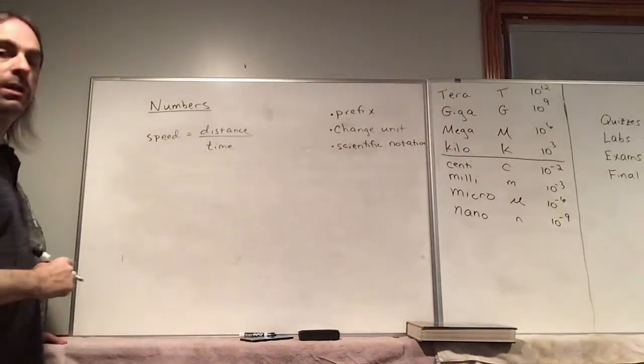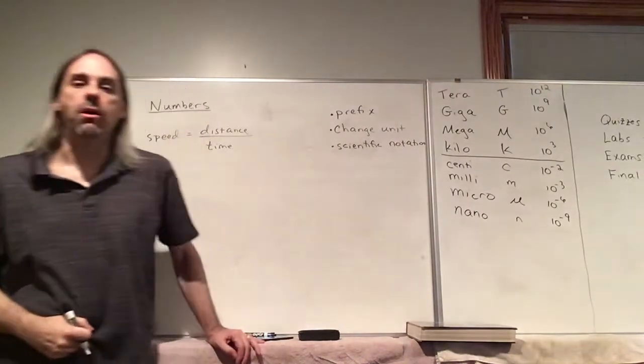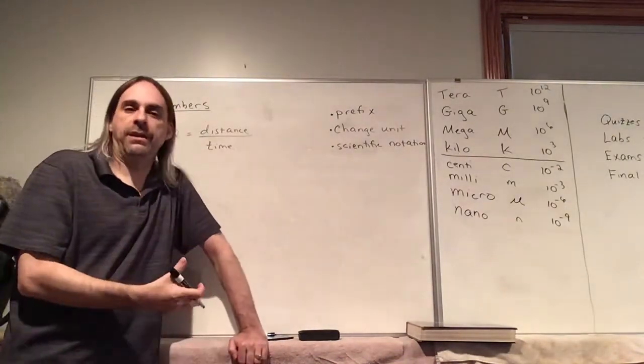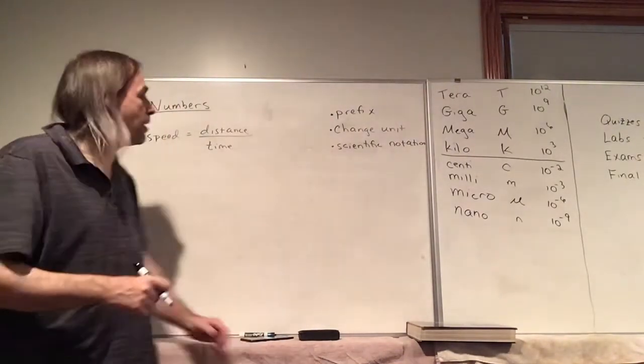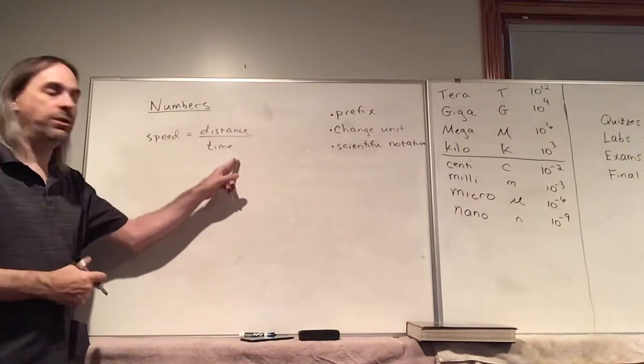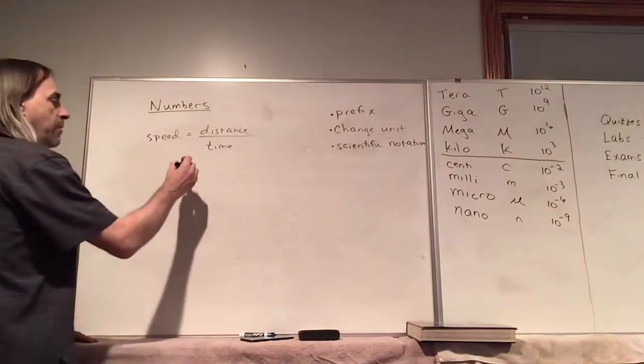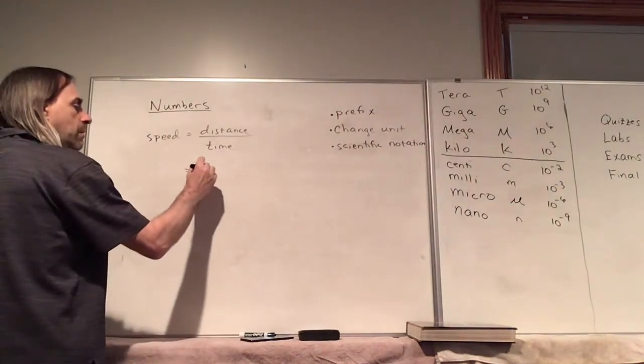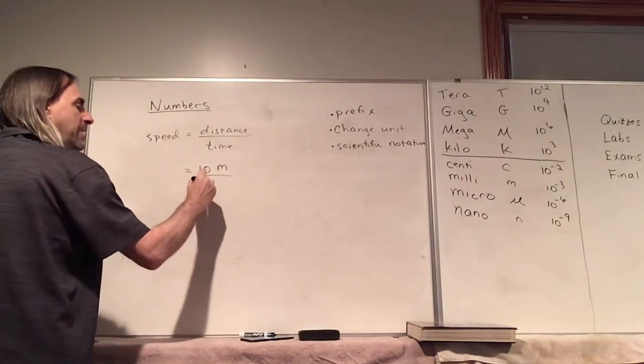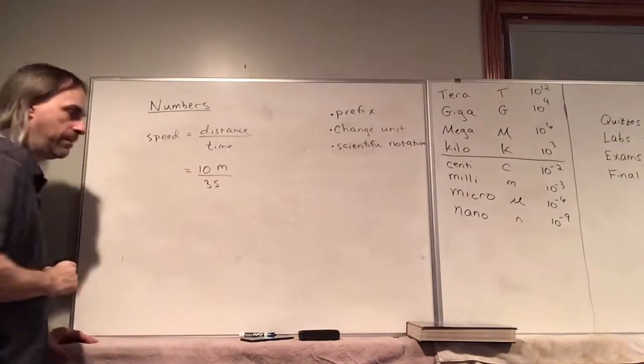So let's say you want to know how fast something is going. How would you determine that experimentally? Well, you could measure the distance it travels in some time interval and just divide them. So let's say an object travels 10 meters, and it takes 3 seconds to do that.